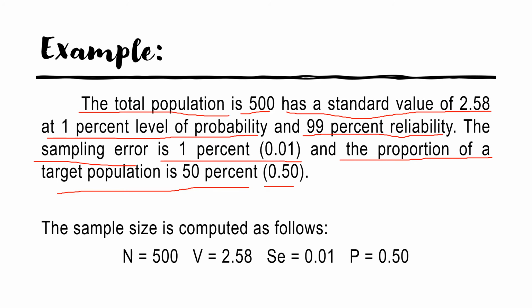Now, the sample size is computed as follows. First, you need to identify the given values. Your N or total population is equal to 500. Your B or standard value is equal to 2.58. Your sampling error is equal to 0.01. And the proportion of the target population is equal to 0.5.